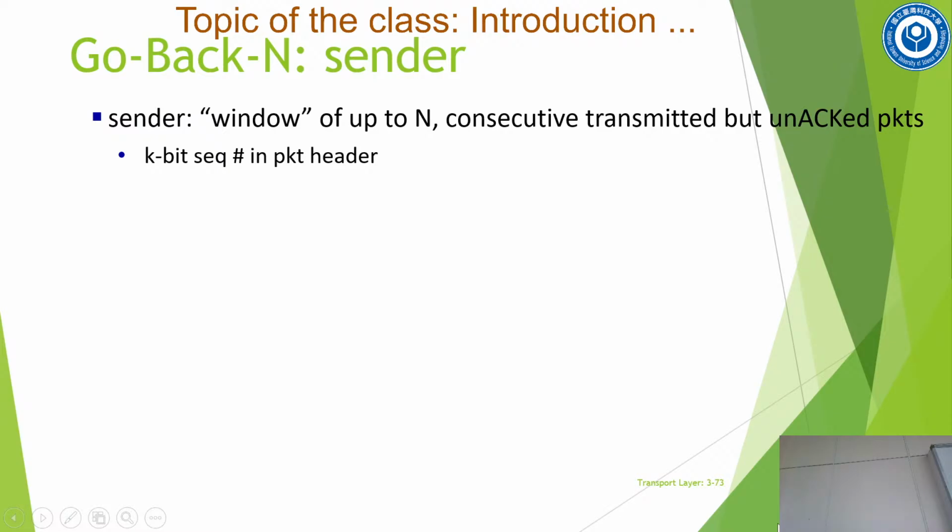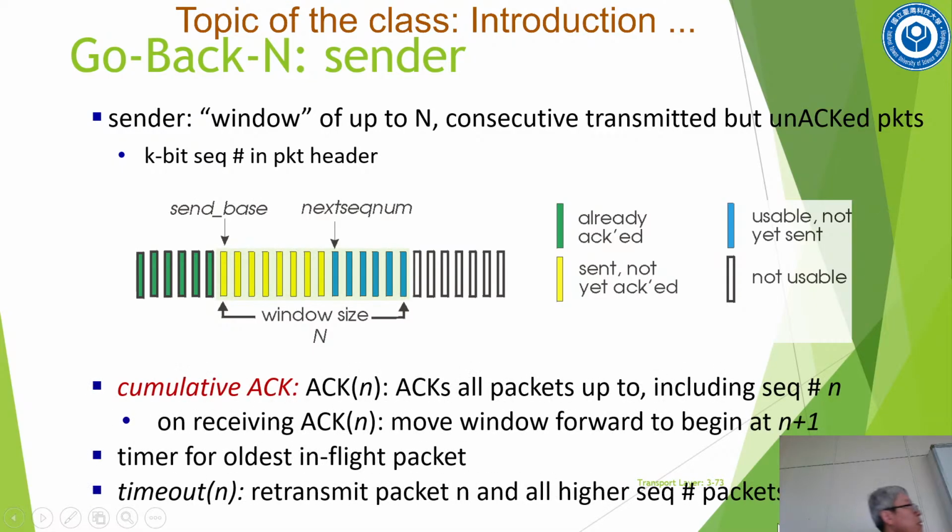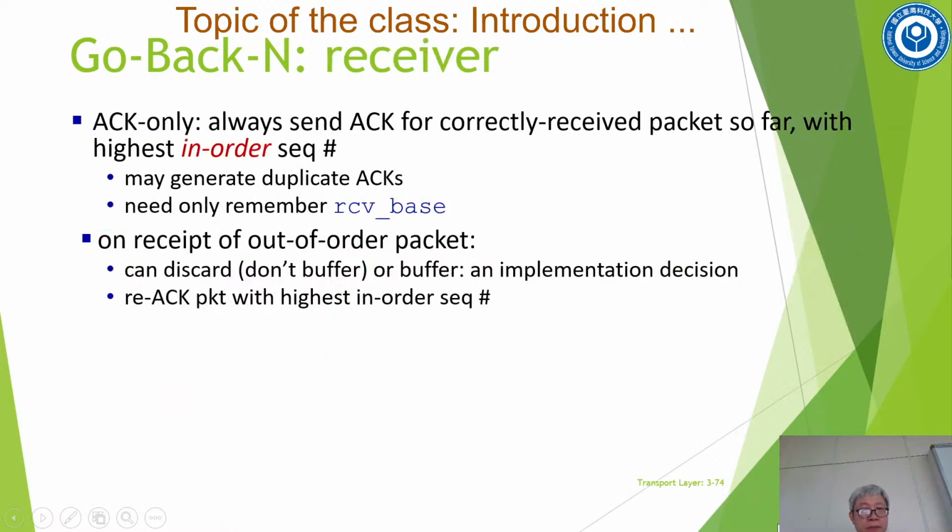So the current problem asks you to check Go-Back-N. All right, let me go through Go-Back-N quickly. We have the cumulative ACK, of course we have the receiver, and so we have the current problem.